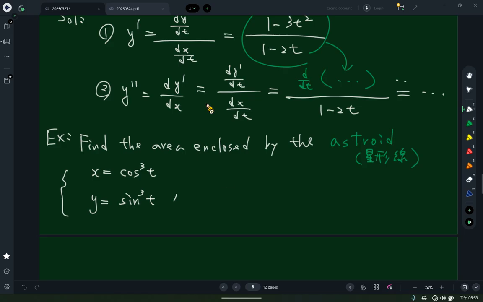Then t's range is from 0 to 2 pi. And eventually we can get the curve just like this one. We can see the shape really follows some rule. But if you just want to simply use x and y to describe the same curve, it is impossible.